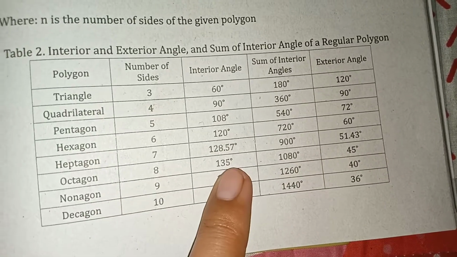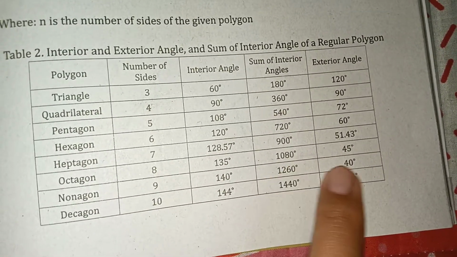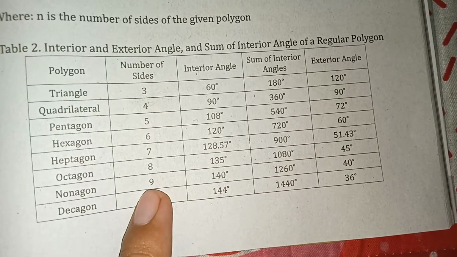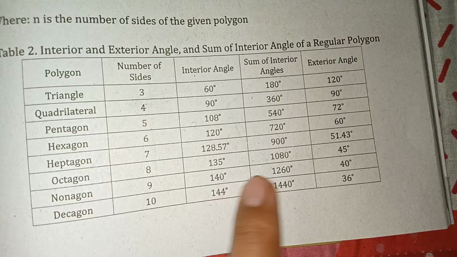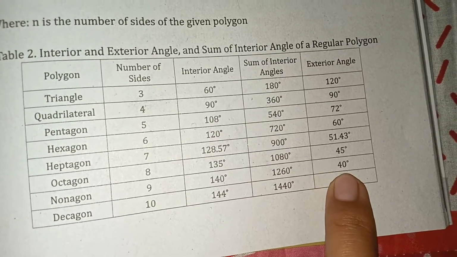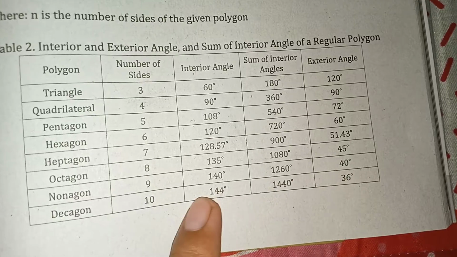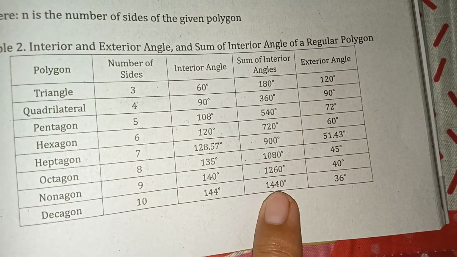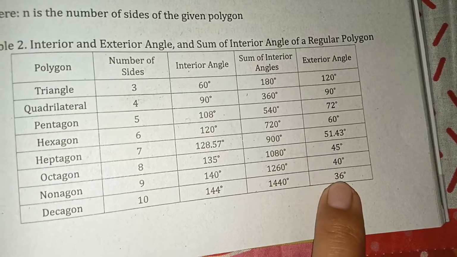For the octagon: 135, 1080 degrees, and 45 degrees. For the nonagon, 9 sides: 140 degrees, 1260 degrees, and 40 degrees. For 10 sides: 144, 1440, and 36.